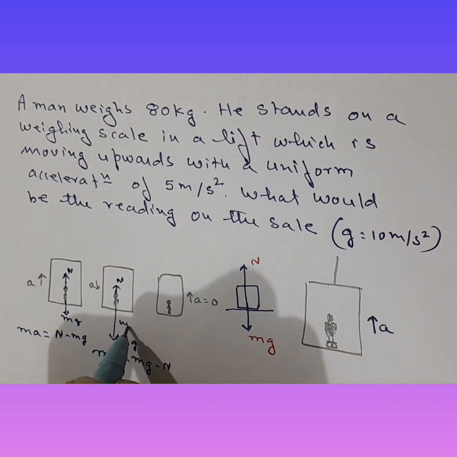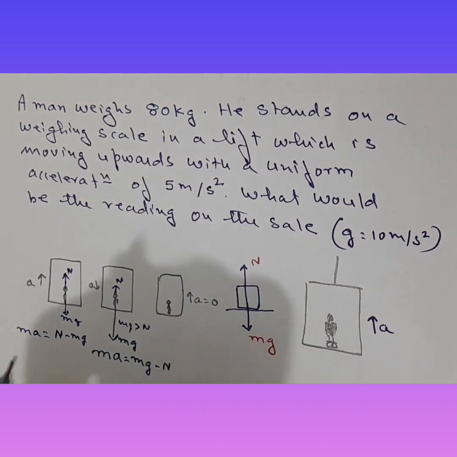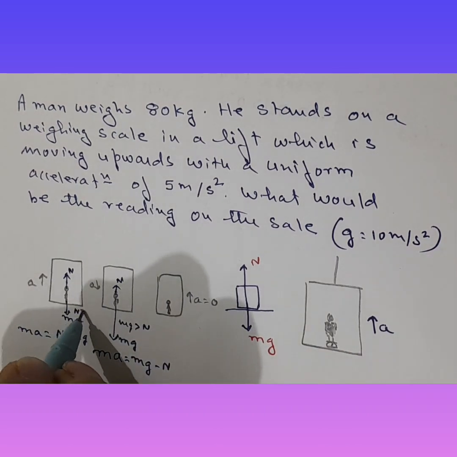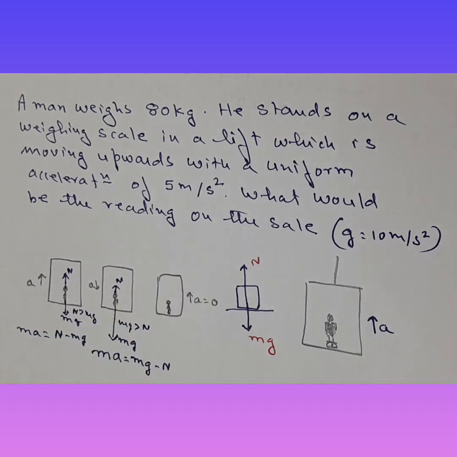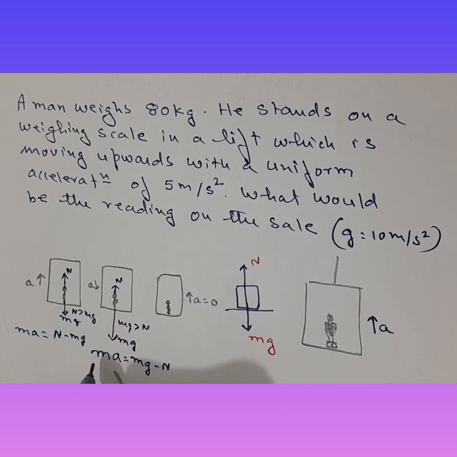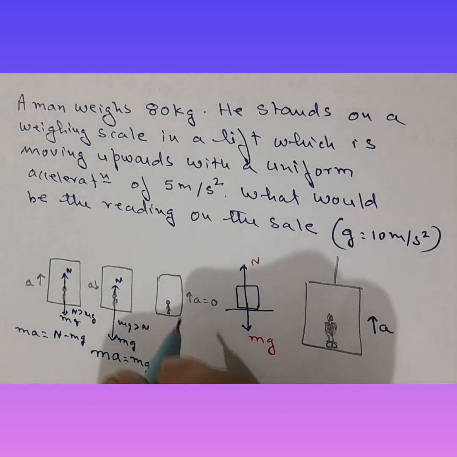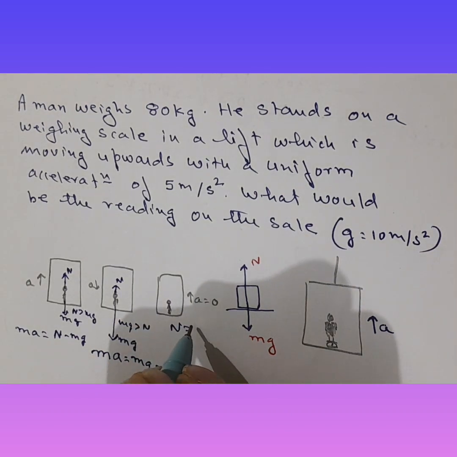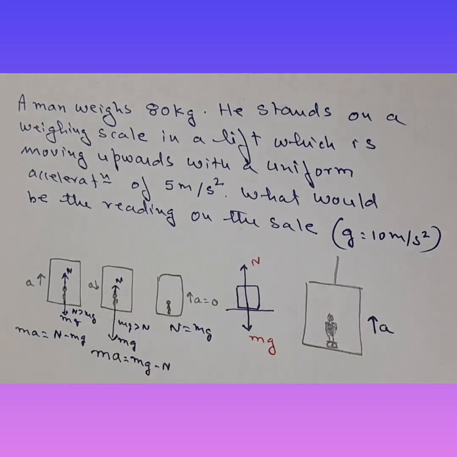Here mg is greater than normal, and here normal is greater than mg. Now, if there is no acceleration, the lift is moving up or down with uniform velocity, so ma would be 0, so n would be equal to mg. So this is the situation which you have got to keep in mind.